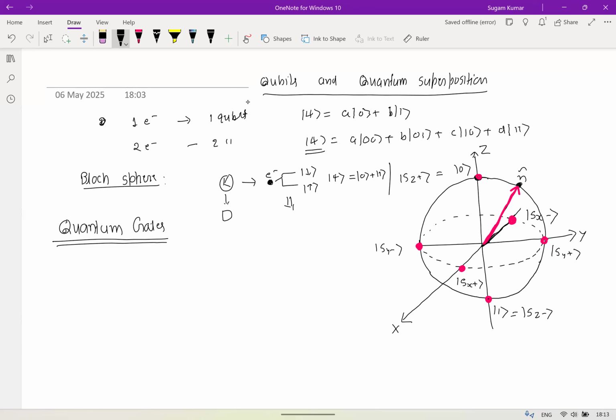When you talk about quantum gates, they are nothing but a unitary operation.